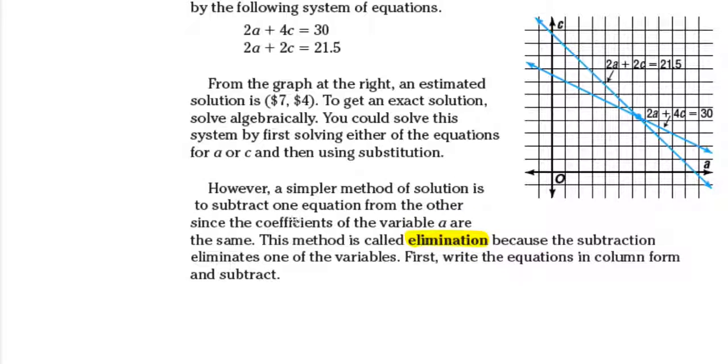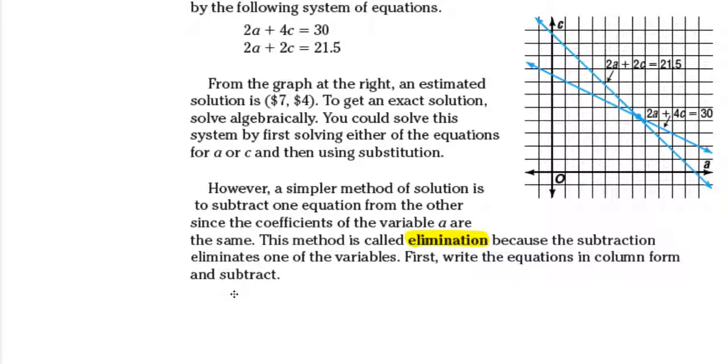Now we can use the substitution method to solve this system of equations, but there's another one. A simpler method of solution is to subtract one equation from the other, since the coefficients of the variable a are the same. This is called the elimination method, because the subtraction eliminates one of the variables. First, write the equations in column form and then subtract.